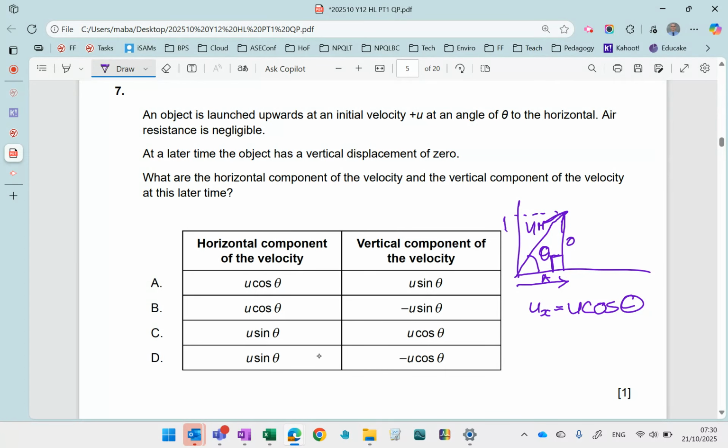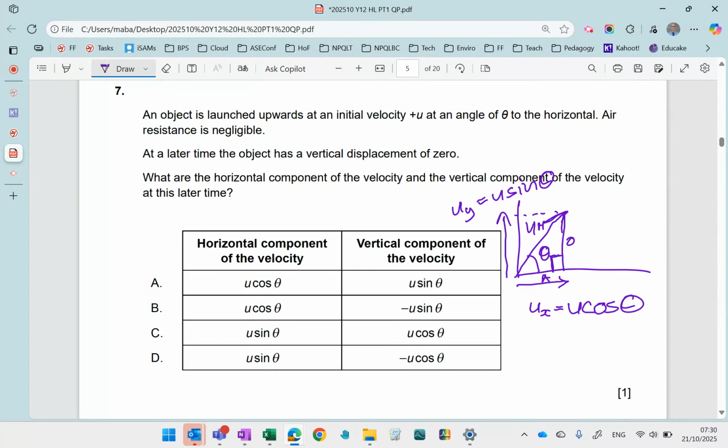If we're trying to find the vertical component of initial velocity, then Uy is going to be equal to U sine theta. But it's not asking us for what's happening at the beginning, it's asking us for what's happening at the end.